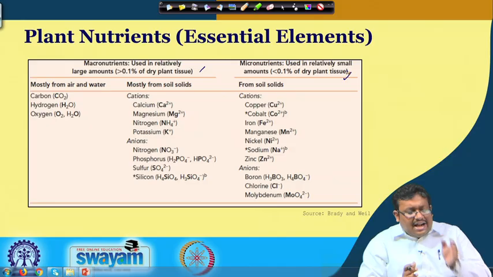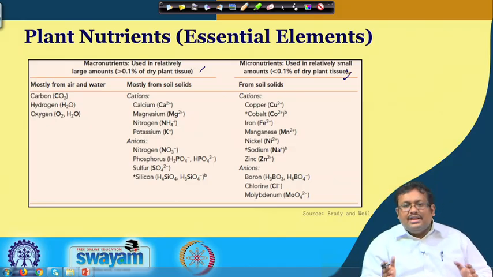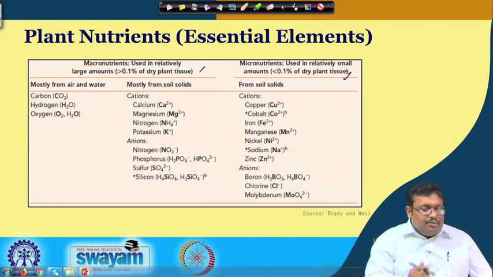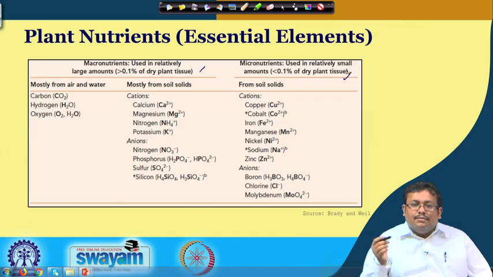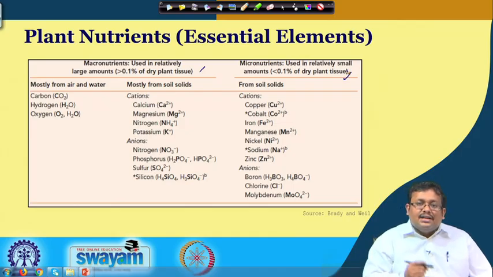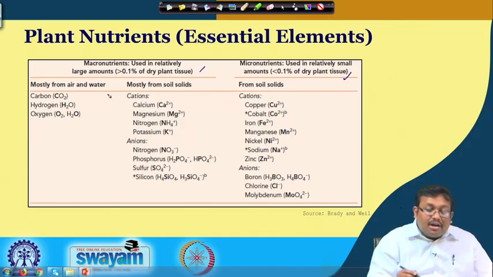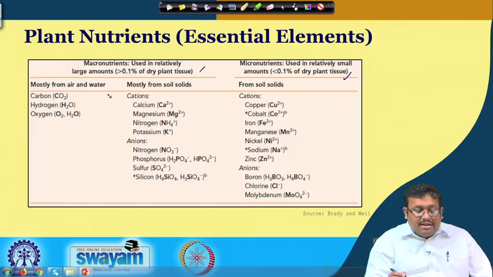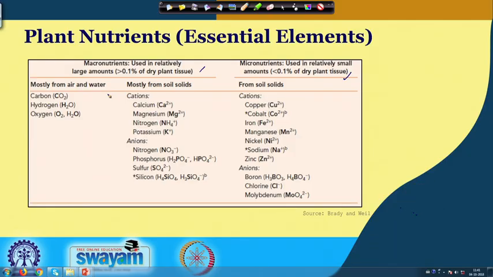Carbon, hydrogen, and oxygen we call structural elements, and plants basically get them from air and water. However, the other 17 elements are divided into macronutrients and micronutrients.